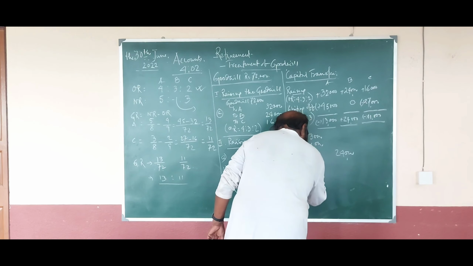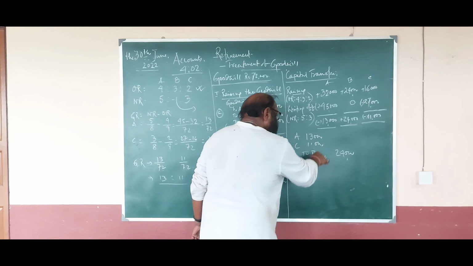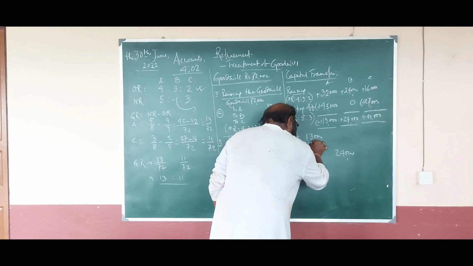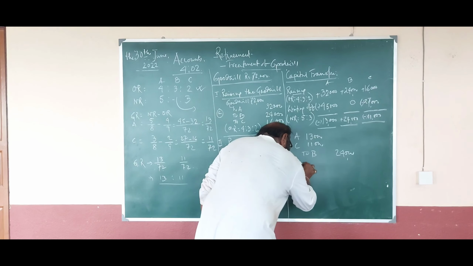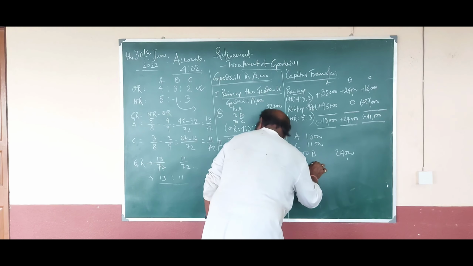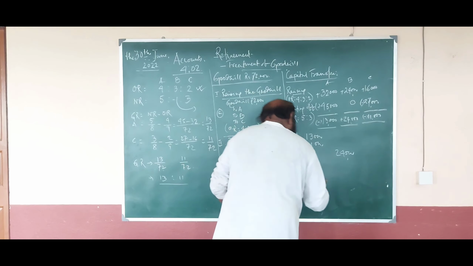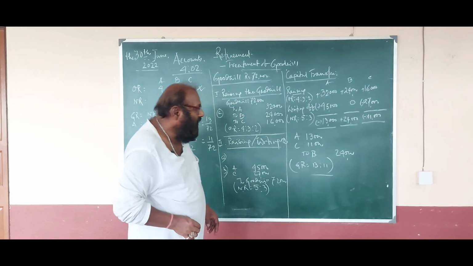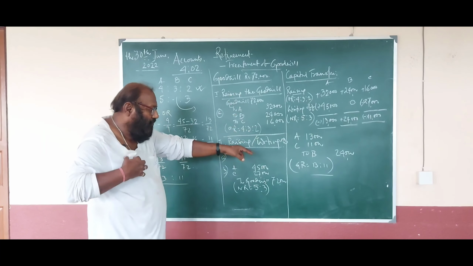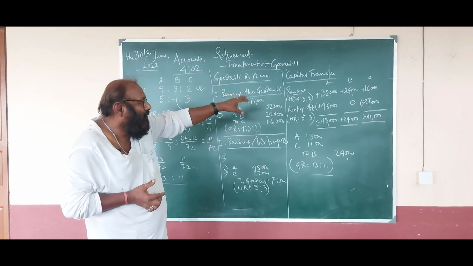So that is the capital transfer method, and basically this is the gaining part, and we can do it in the gaining ratio. What is the gaining ratio? We have already calculated 13:11. So if you do not find out the gaining ratio, you can do it in this way.